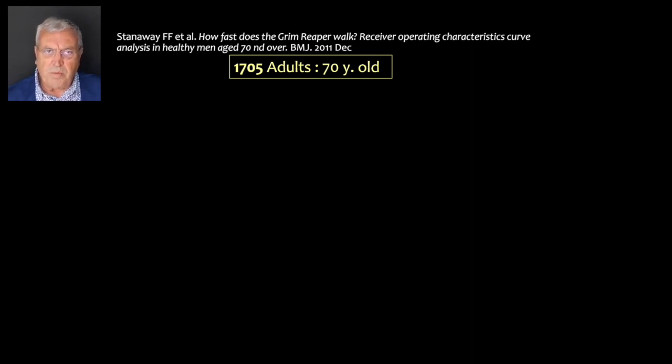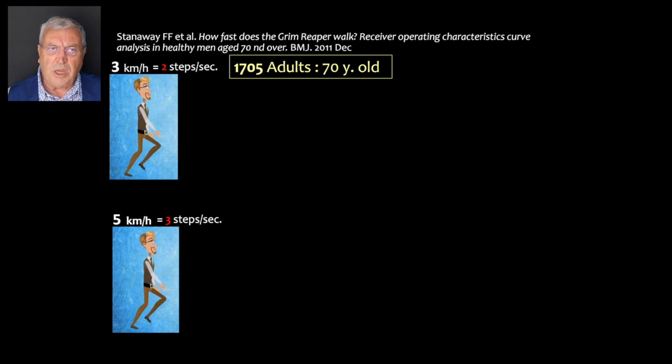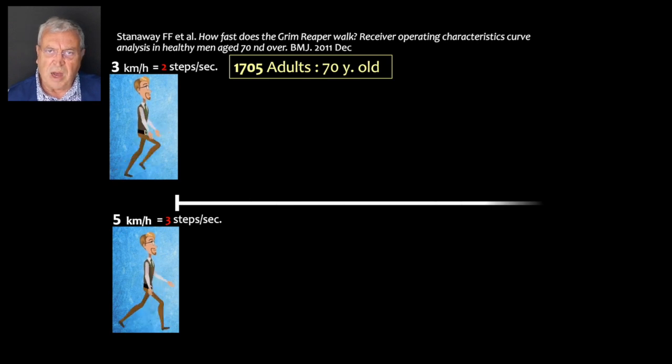They made two groups. One is walking 3 kilometers per hour, meaning 2 steps per second, and the other half is walking at 5 kilometers per hour, meaning 3 steps per second. And then they followed the two groups during 5 years.